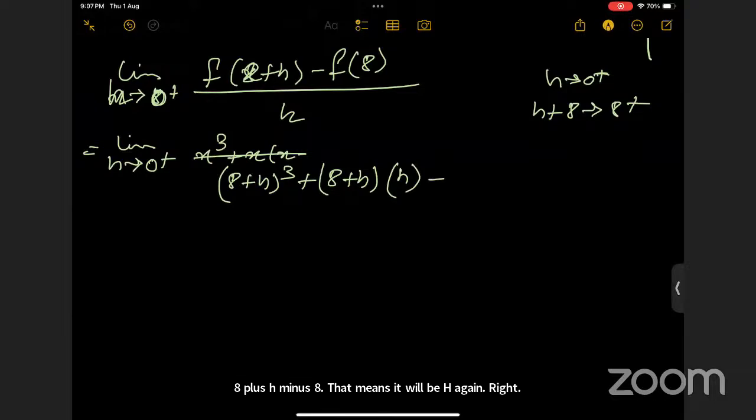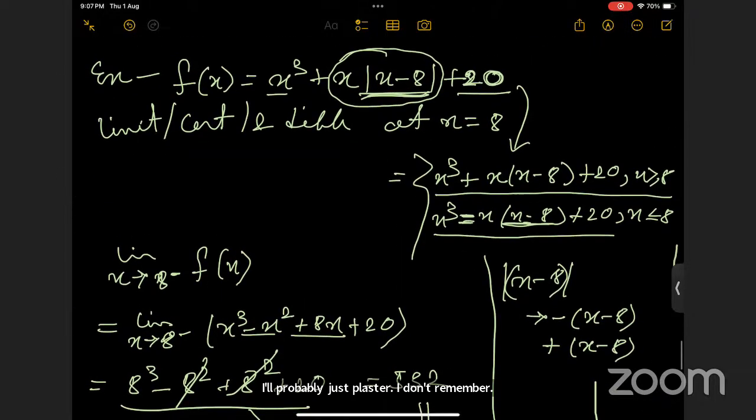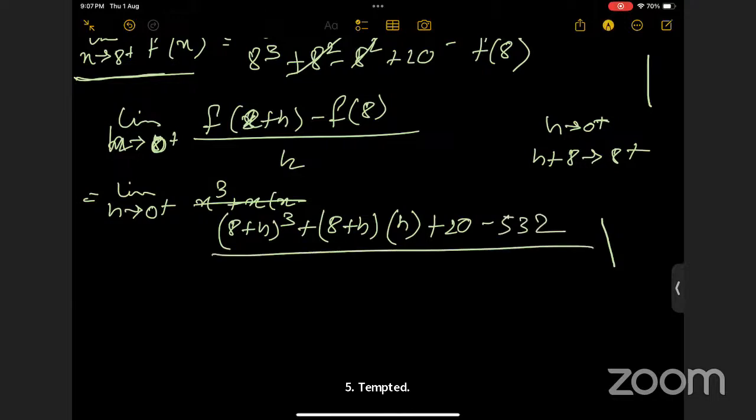Then minus 20. Or probably it was plus 20, I don't remember. Plus 20, ma'am. And what is the value at x equals 8? It was 532. 532 by h, right?